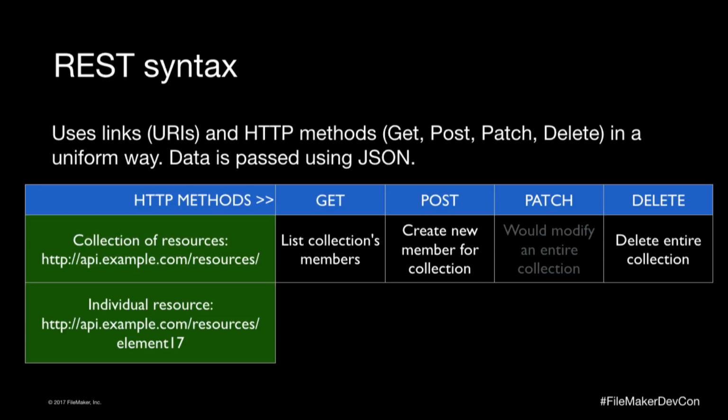Then if you add on to the end of that string, after where it says resources, you add on the ID of that resource. And again, we're talking generic, so far we're talking generic PHP, a generic REST. We'll take a look at FileMaker's specifics in a second. You add the ID, and now you can address that specific member. So in FileMaker parlance, that would be a specific record.